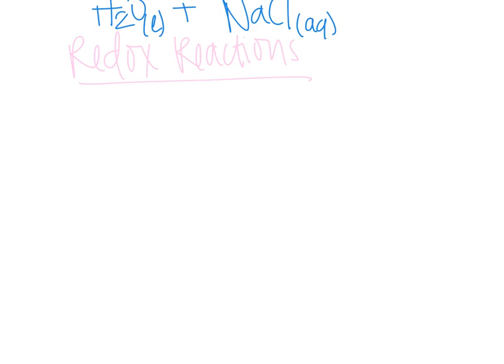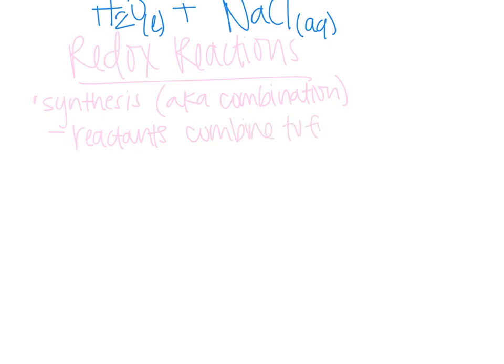Okay, and there are three types of redox reactions that we are going to talk about. The first type is a synthesis reaction, otherwise known as a combination reaction. So the word synthesis just means to make something. So in this kind of reaction, the reactants combine to form one product.